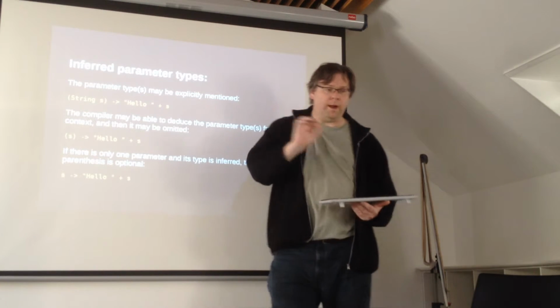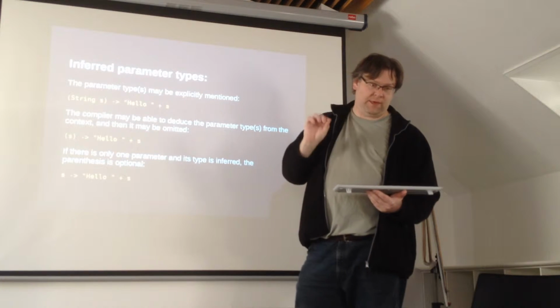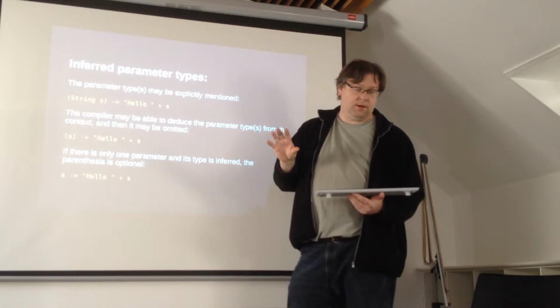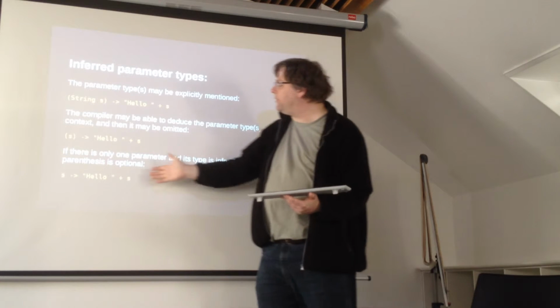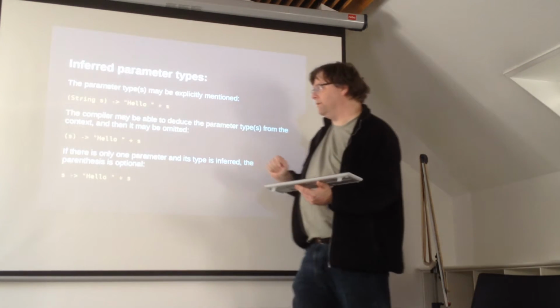If there's only one parameter, then we don't have to provide the parentheses. And then we get this one, which is the typical one you see in tutorials and stuff like that. So this is a very common form, but it throws away information in the process of getting there.